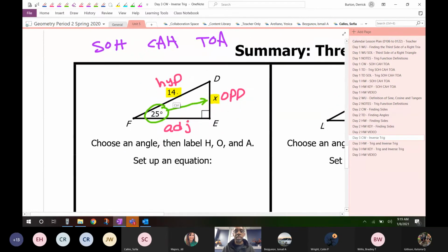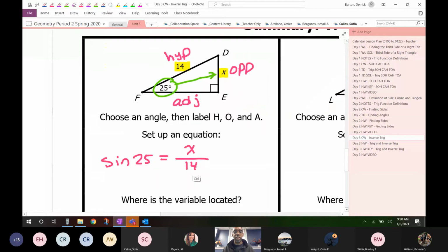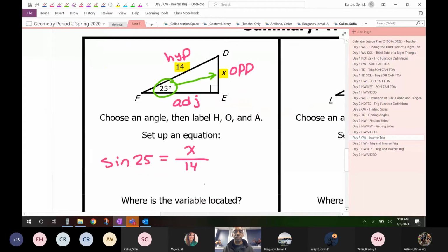All right, so opposite and hypotenuse, that is the sine function. So that tells me to write down sine of the angle is equal to opposite over hypotenuse, x over 14. Okay, so that's the setup for that problem.